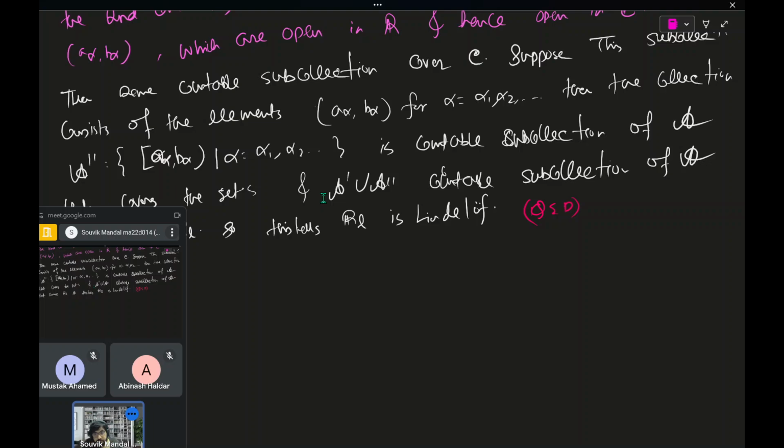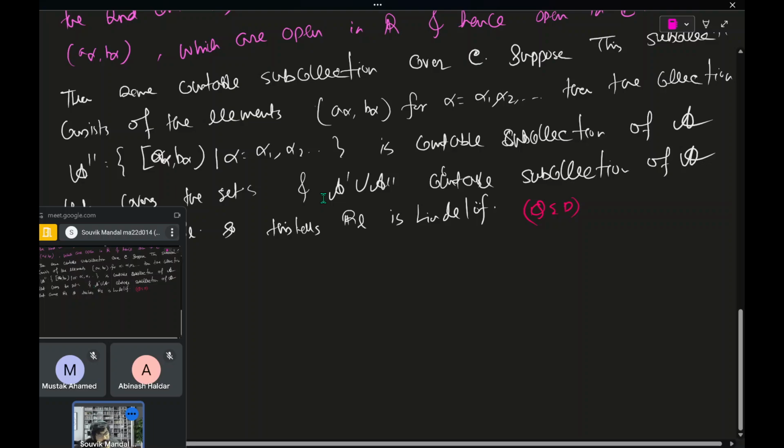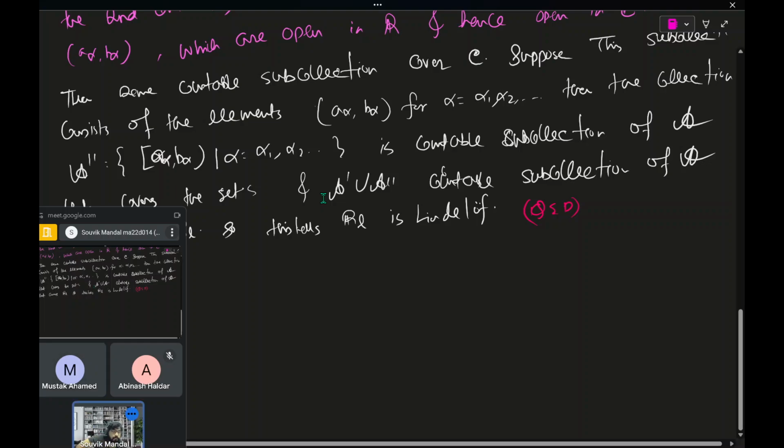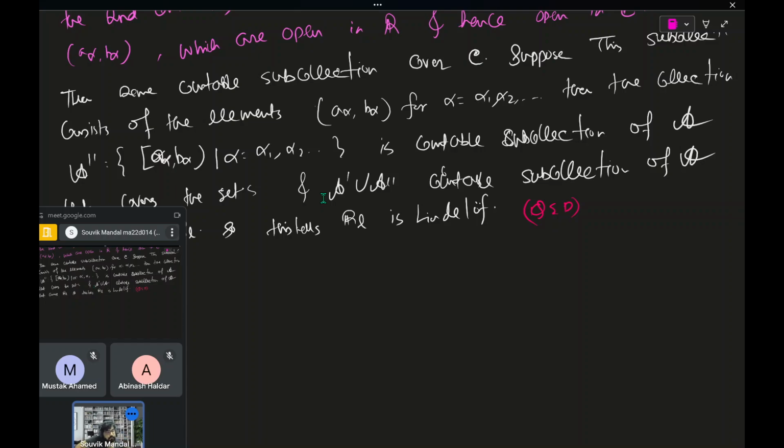This is the proof of the fact that R with the lower limit topology is linear. Mustaq, do you understand? Okay, it's good. Do you have any more questions or doubts?